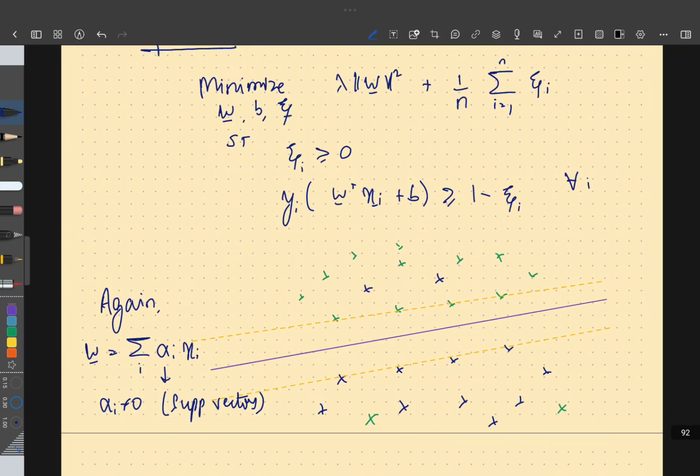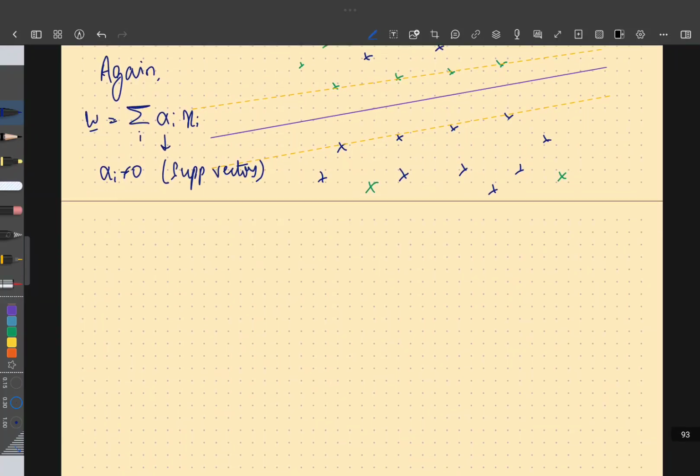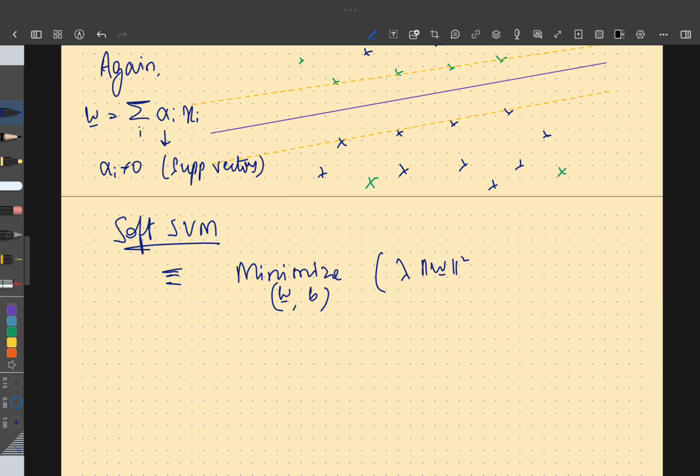Okay. So this soft SVM optimization problem can also be written in a different form, which gives another interpretation to this optimization problem. So this is equivalent to minimizing with respect to w and b lambda times norm w squared plus some function.